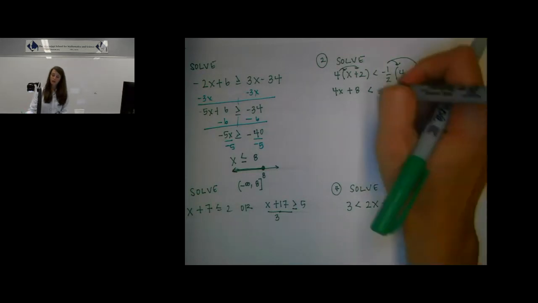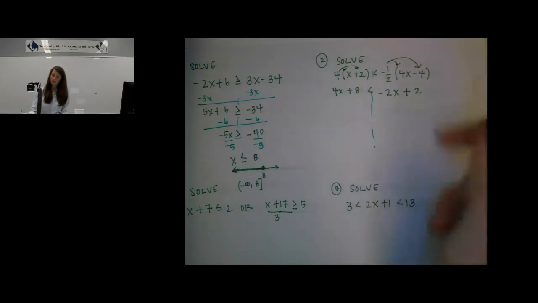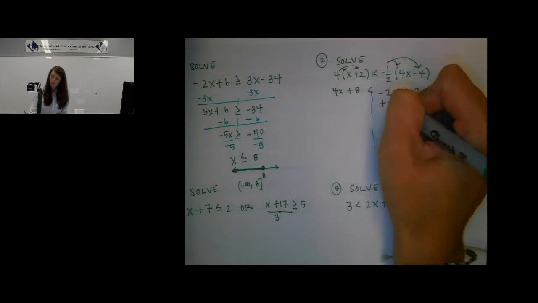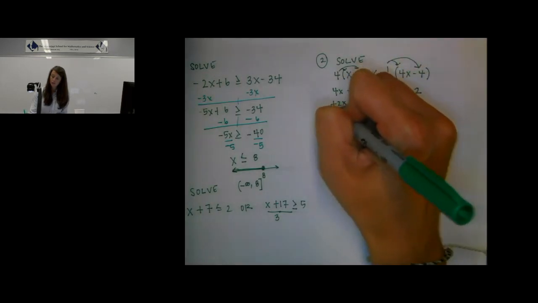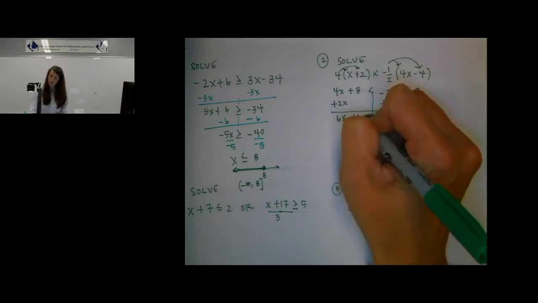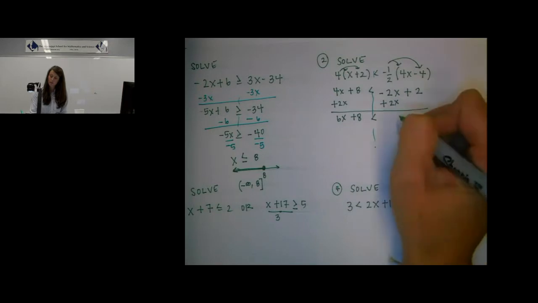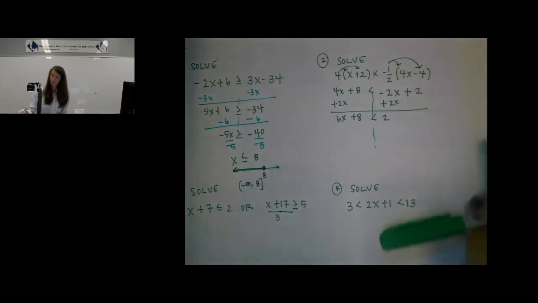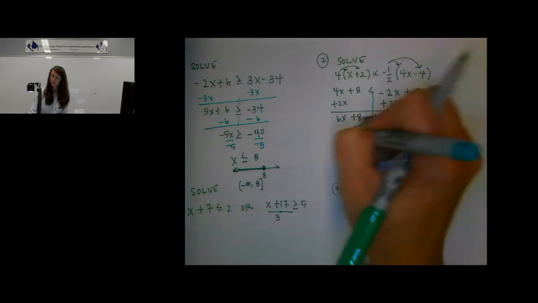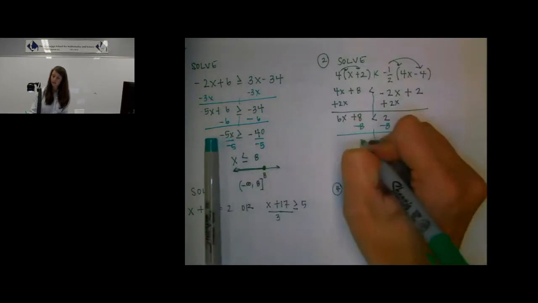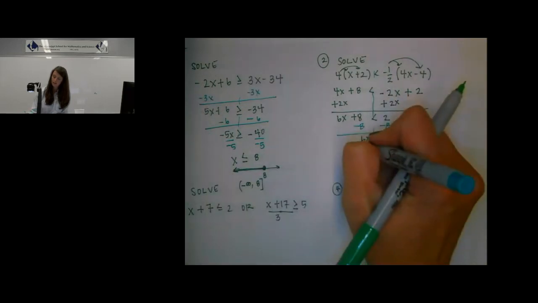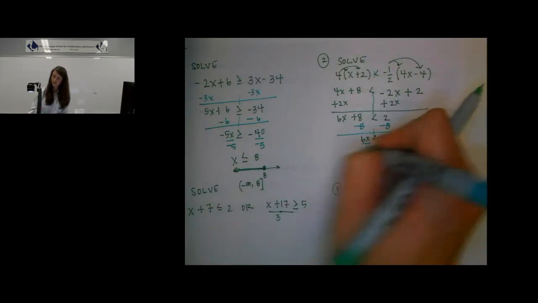Okay, I want to get the x on the left side here. So I am going to move my 2x over here, and I'm going to keep that inequality. So I'm going to have 6x plus 8, which is less than 2. I'm going to subtract an 8 here. So I'm going to have 6x is less than negative 6. Divide both sides by 6.